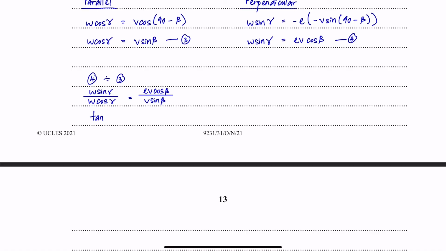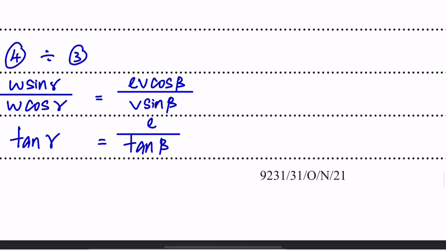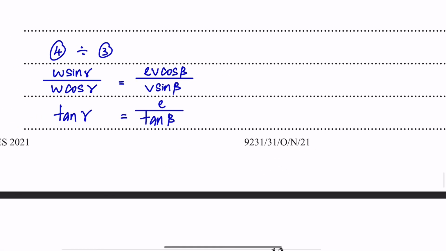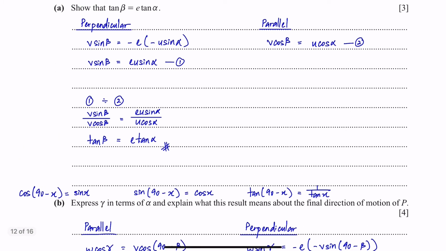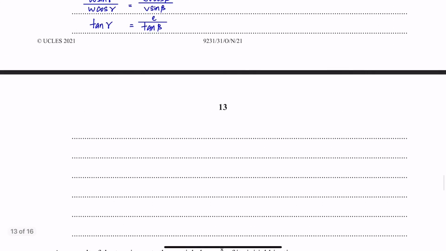So we have tangent gamma equals E over tangent beta. So from part A, we know that tangent beta equals E times tangent alpha. So tangent gamma will be equal to E over E times tangent alpha.